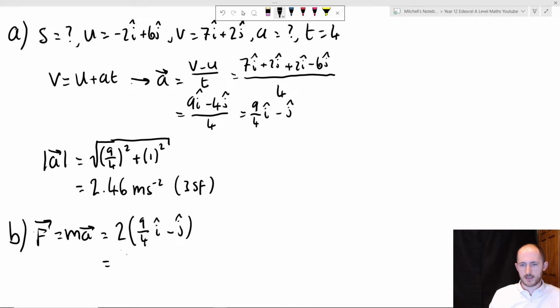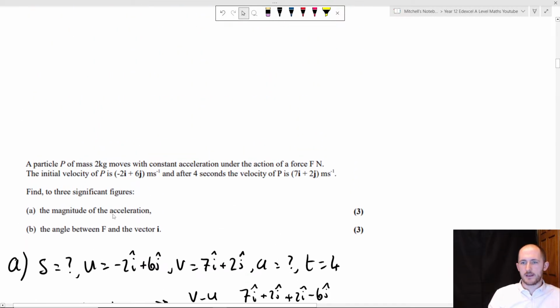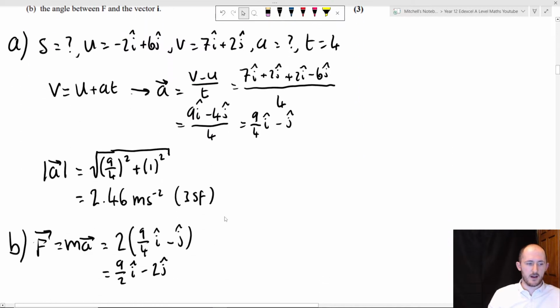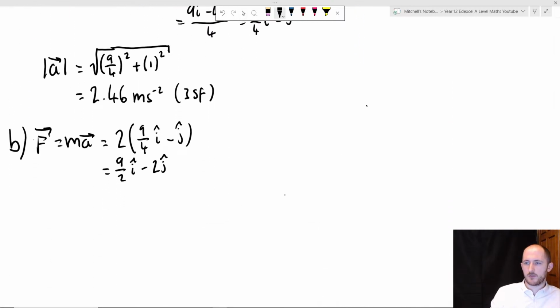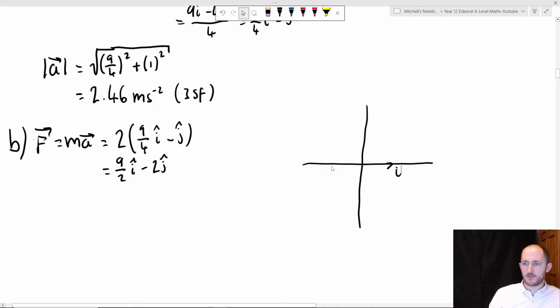So what I'm going to do instead is do it the slightly longer way. We're doing it between the vector of the force and the vector i. So if I draw my grid, i is going to be this way, and for the force it's 9/2 to the right and it's -2 down, so it's actually going to be a force that looks something like this.